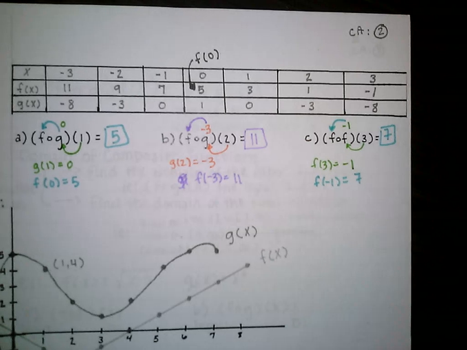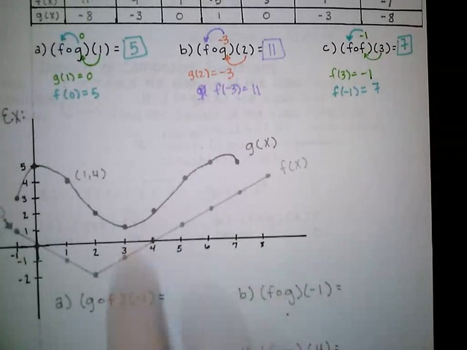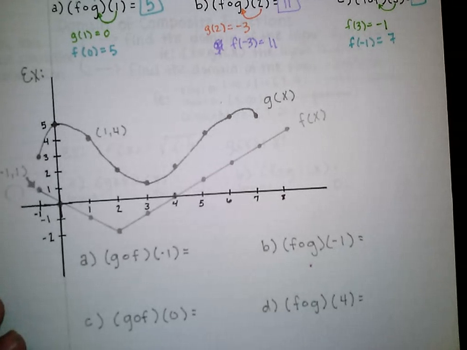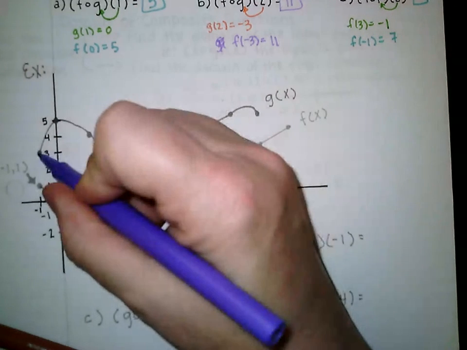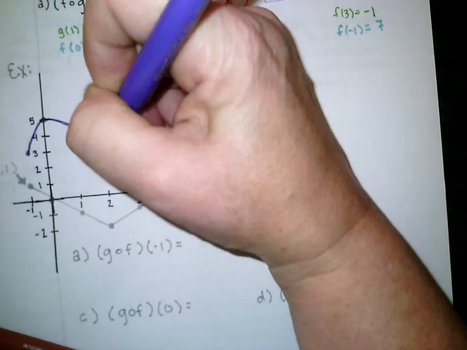All right. We can also do this same type of thing with graphs. So let's see how that's going to go. G of x, I'm just going to make G of x purple.